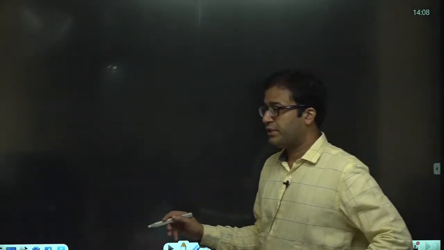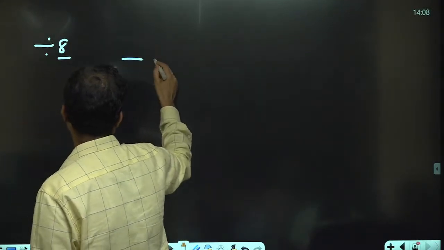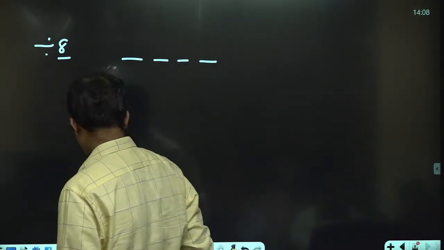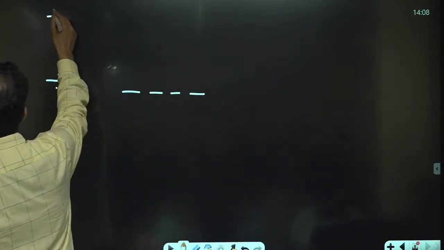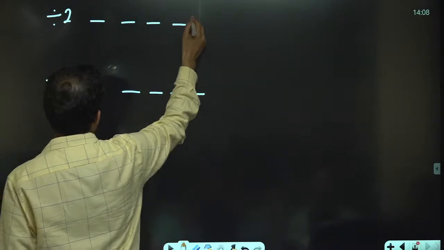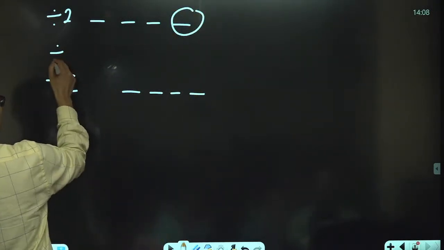Next is divisibility of 8. Now here I tell you the logic. For divisibility of 2, we check only the last digit.